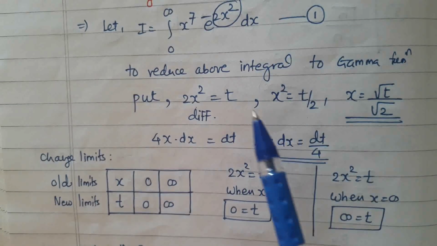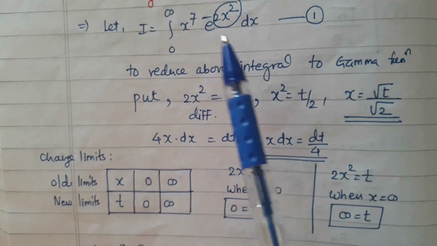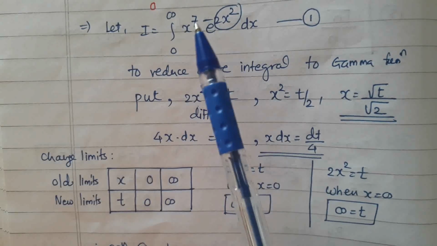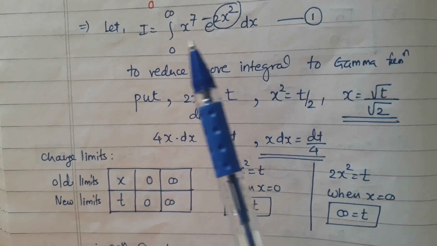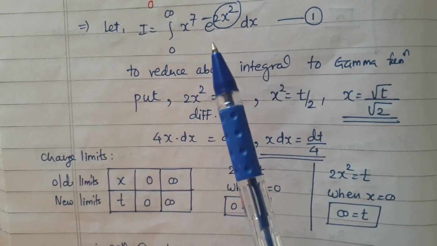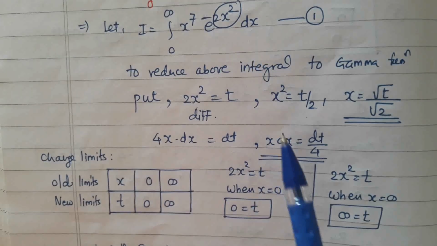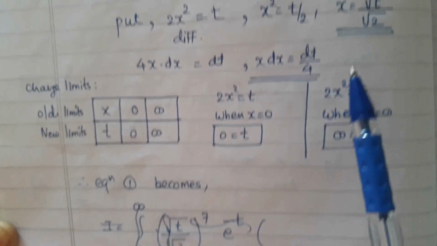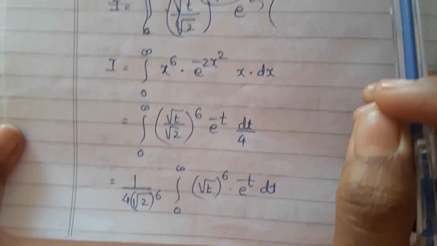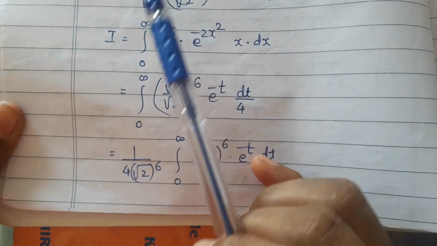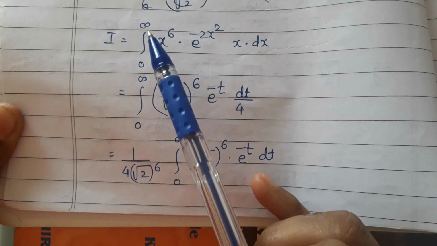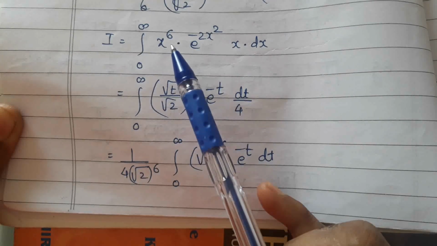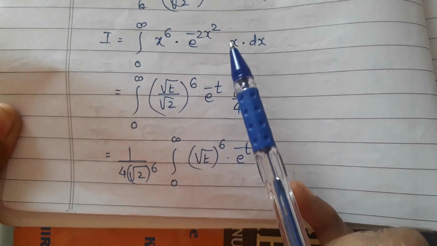Using all these substitutions and limits, this integral becomes: write x raised to 7 as x raised to 6 into x dx. So you can replace the value of x dx as dt by 4. I is equal to integral 0 to infinity x raised to 6 e raised to minus 2x square dx.